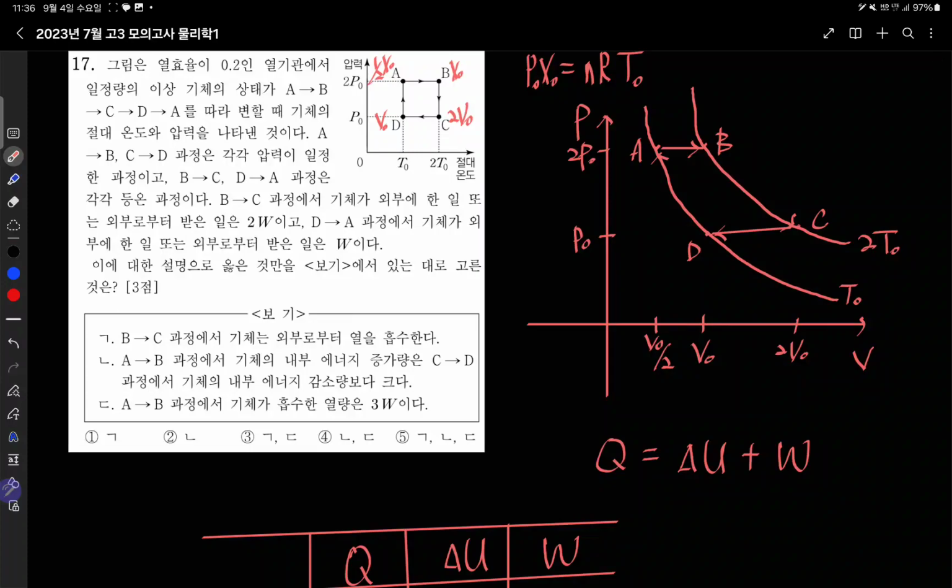And from A to B, the area of the graph PV is the amount of work.